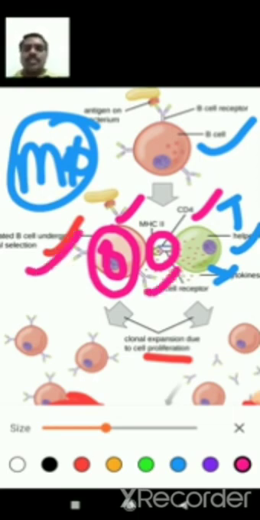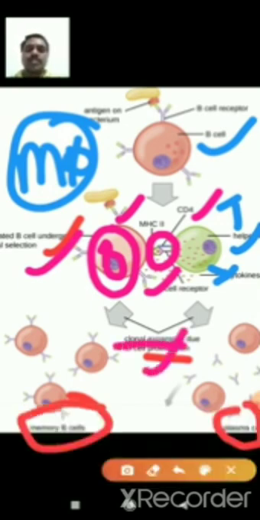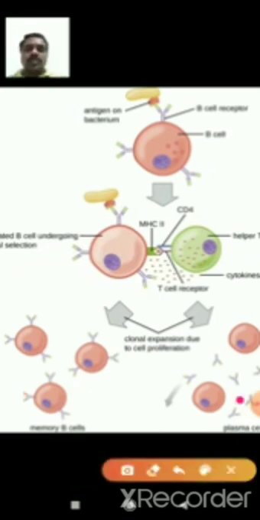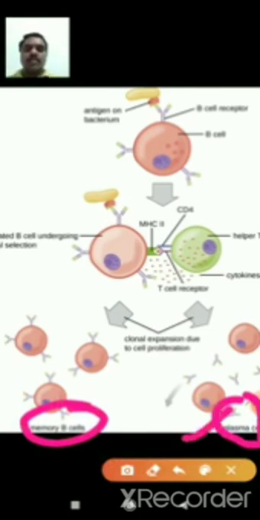After activation is completed, clonal expansion and proliferation take place. After proliferation, two types of cells are produced: memory cells and plasma cells. The plasma cells are called the first line of immunity, or primary immunity. Why?